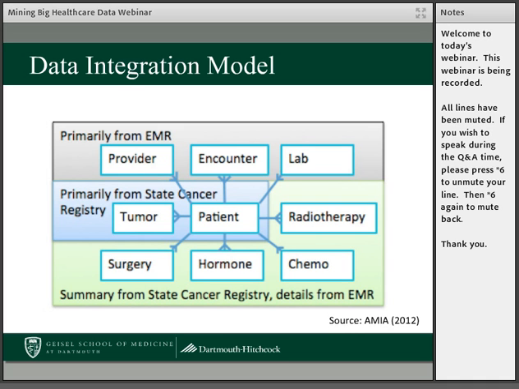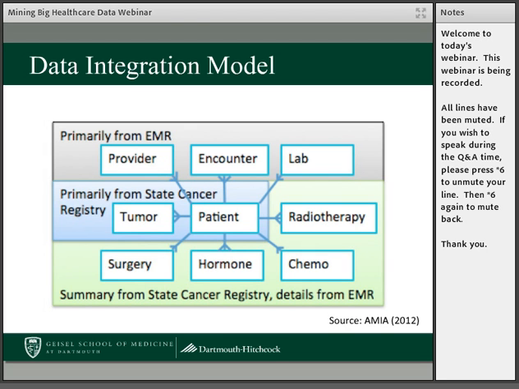In California, we're fortunate that all the institutional registries and all the regional registries report up to the state cancer registry, which is a SEER registry, one of the standardized ways of collecting data on patients with cancer. And from that, we can always get information about the patient and about their tumor.